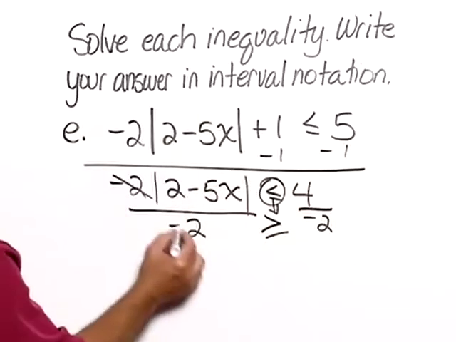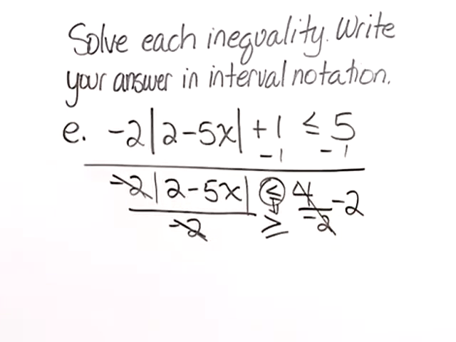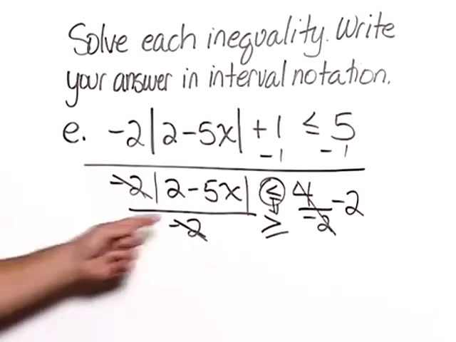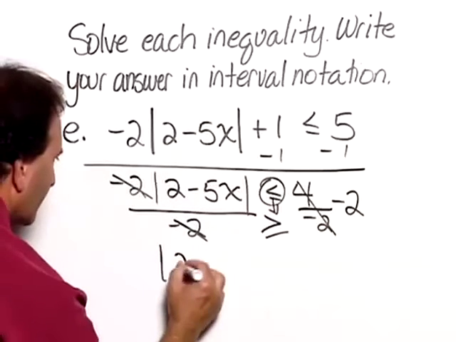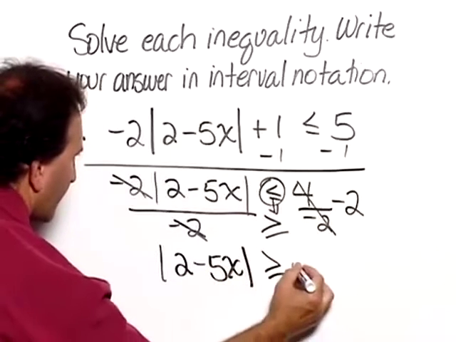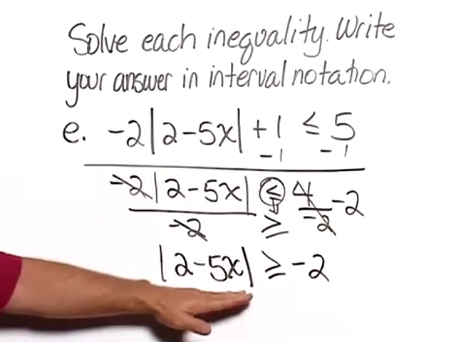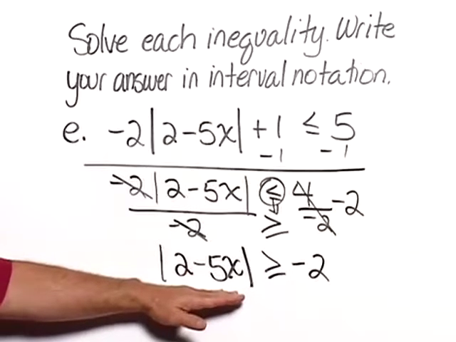So here we cancel out. Here, that also cancels to give us negative 2. Now we have a situation where the absolute value of 2 minus 5x is greater than or equal to a negative number. Well, let's think about this. This absolute value is always going to be positive or possibly 0.